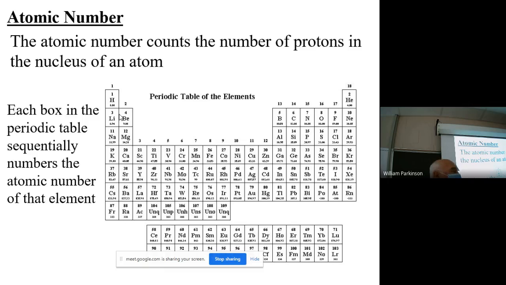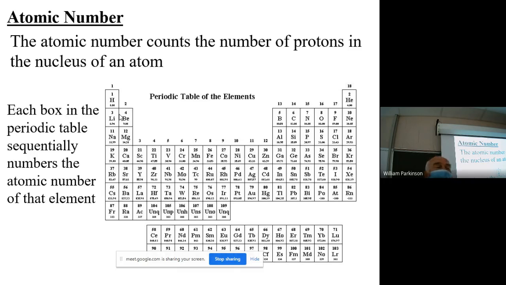Now, another thing I want to point out to you is as you get down to the bottom of the table and the number of the box becomes very large, that of course means the number of positive charges in the nucleus becomes very large. It turns out that there's a limit to what the nucleus can stand.